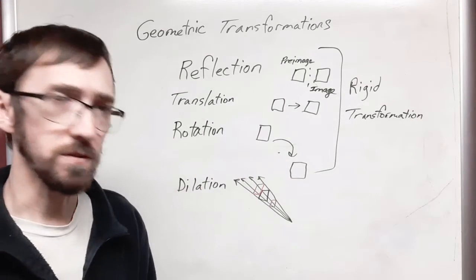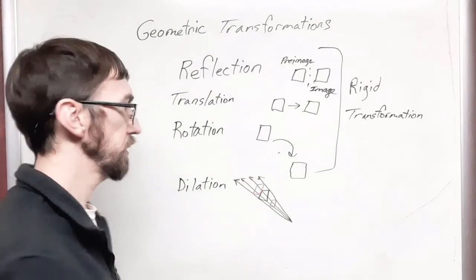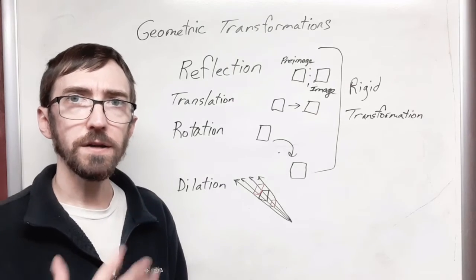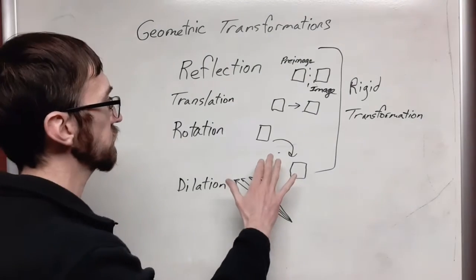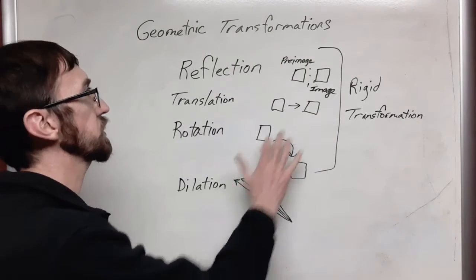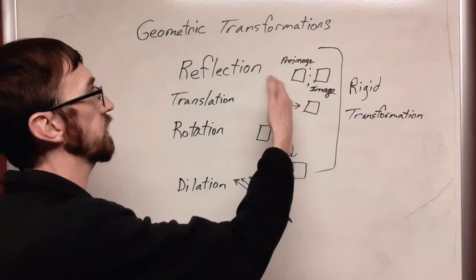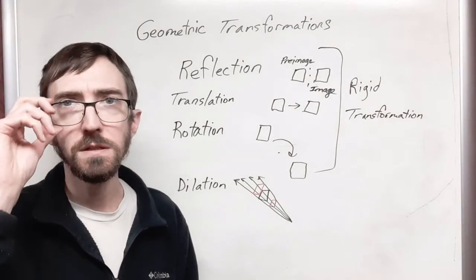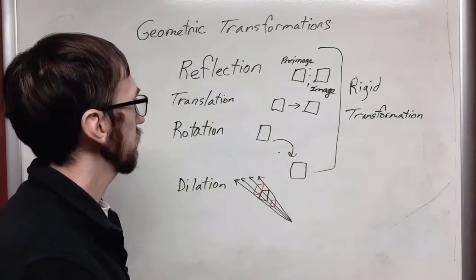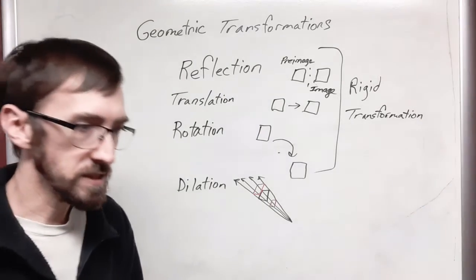So that's an interesting feature. So where we put this point is going to affect the way that our dilation works, just like where we put the point affects our rotation, where we put this line affects the reflection. All right, so these are our 4 basics.